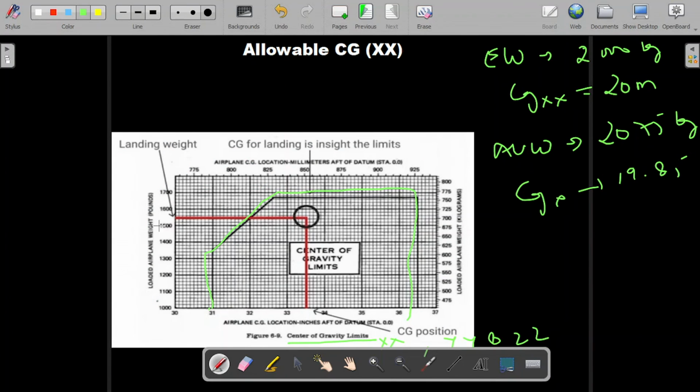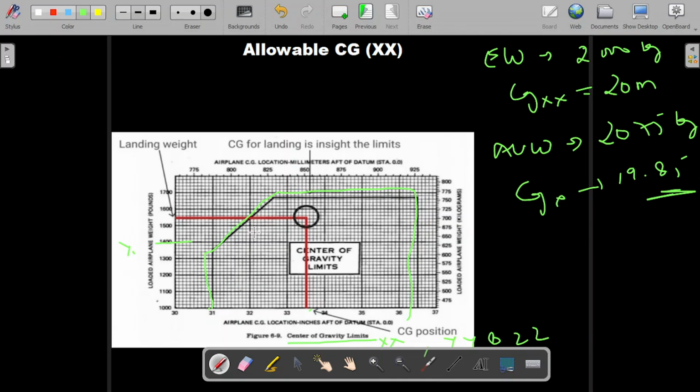Now we have to check in this graph whether the aircraft is designed with this shift of CG or not. So let's say this is for some specific weight. How much weight, initially there is an empty weight also, and then the total all-up weight. We have to see all-up weight on the y-axis, and on the x-axis the CG location.